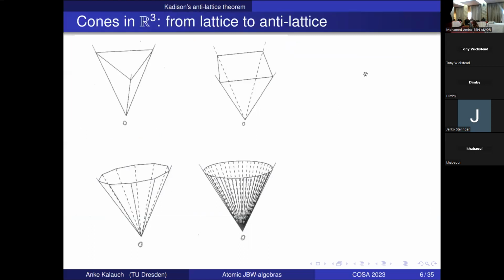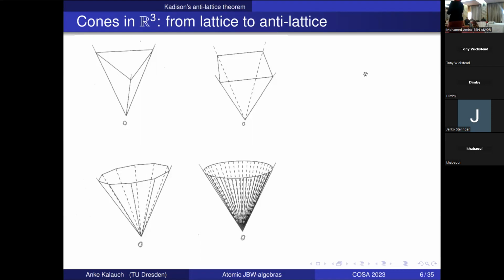And I like to show this very simple picture in R3, especially to lattice people. So we have different cones. Which of these cones are lattice cones? These are cones of positive elements of partially ordered vector spaces. Only in R3, when you have 3 extreme rays, then you have a lattice.